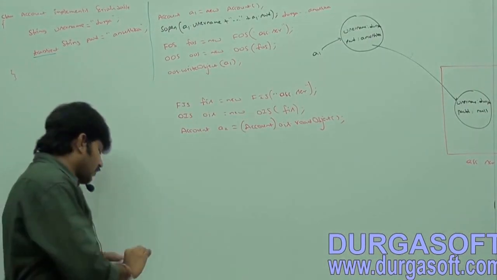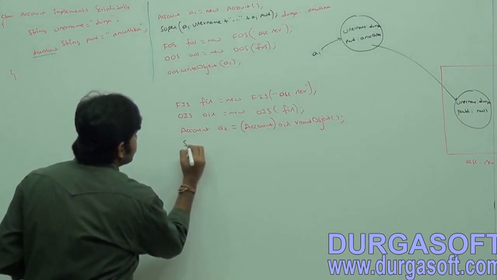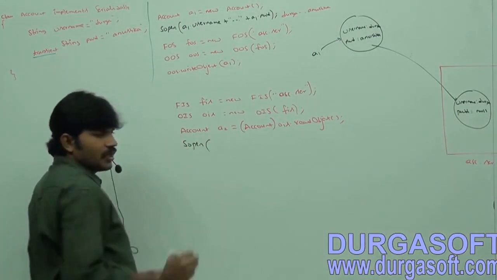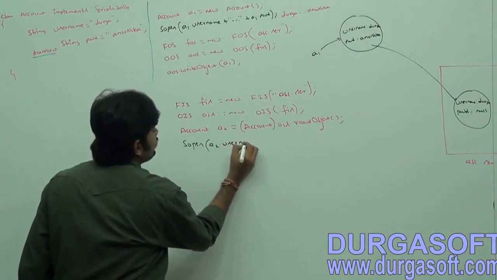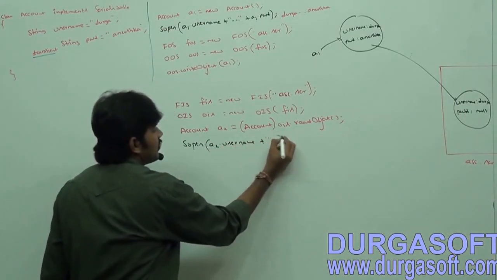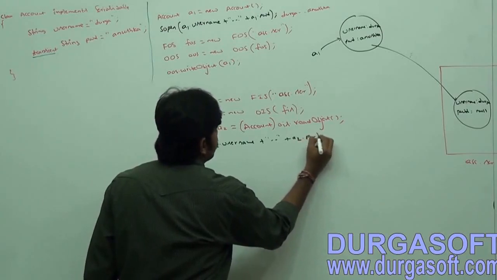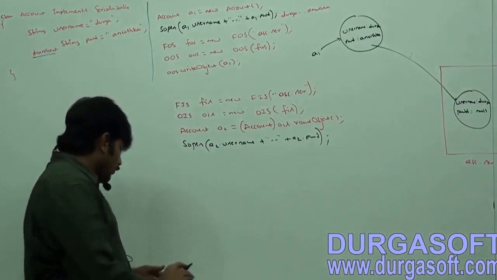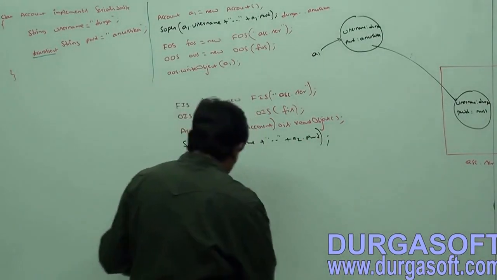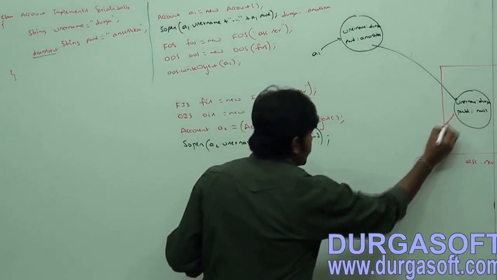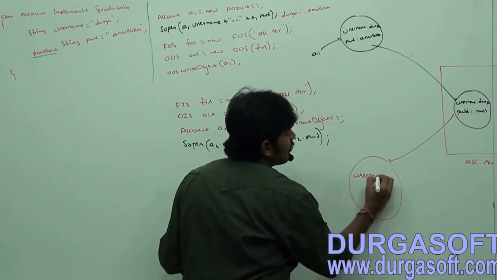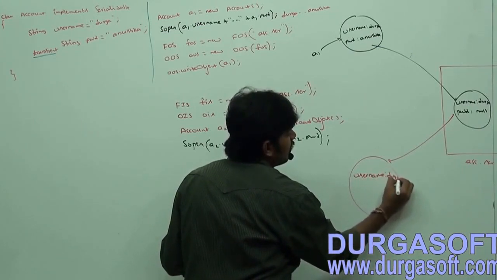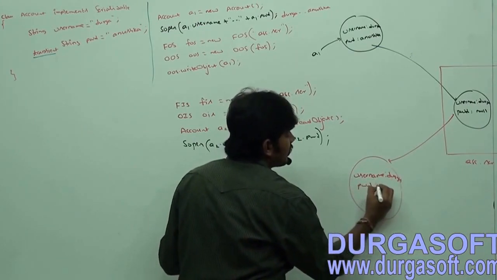Now I'm trying to print System.out.println a2.username, a2.password. If I'm trying to deserialize this object, what is the username? Durga. But what is the password?